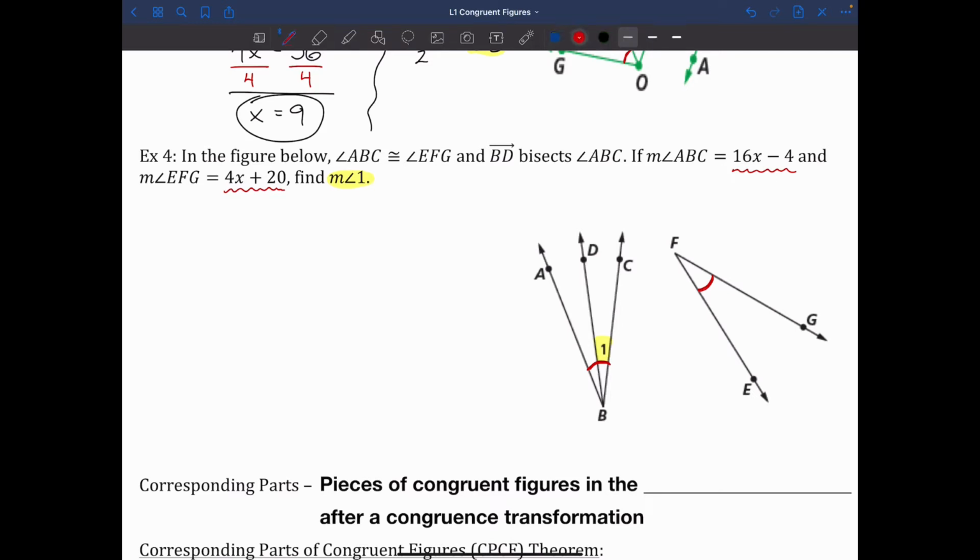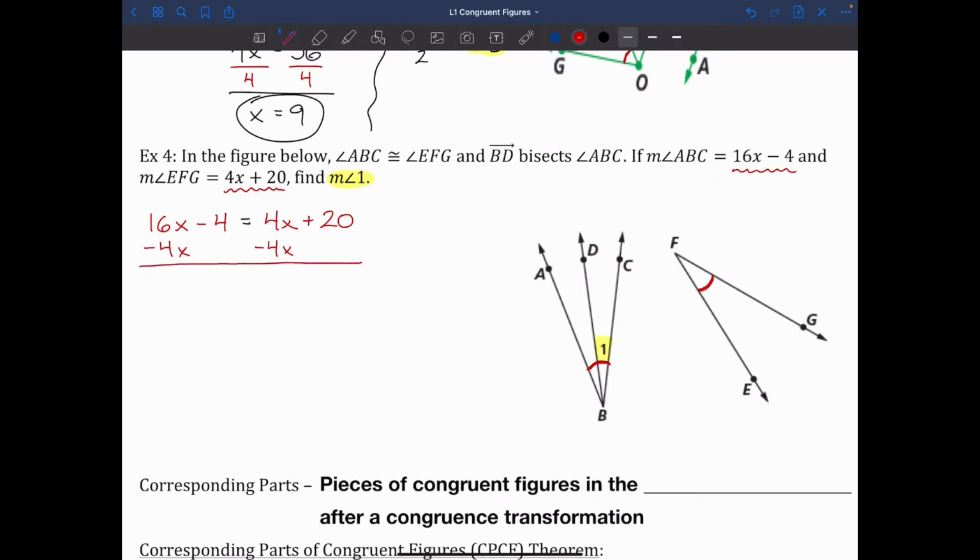All right, so let's take a look. Same deal, I marked my stuff on my diagram. I'm going to use that to help me set up an equation. I know that those angles that I've got marked in red are equal to each other. So 16x minus 4 is equal to 4x plus 20. After that, I'm just going to solve this out. I'm going to move all my x's to be on the same side, so I'm going to subtract 4x from both sides.